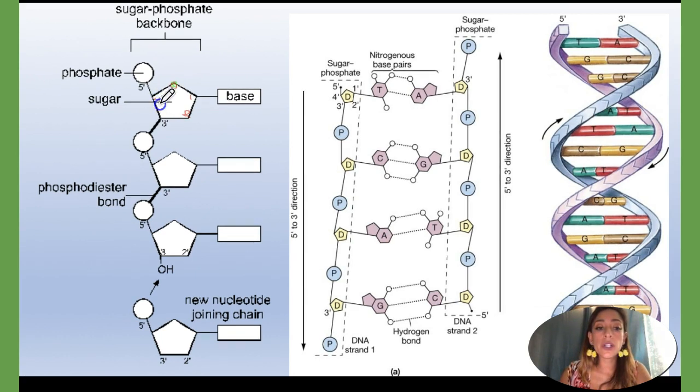This would be carbon 4, and this would be my carbon 5. That's where that phosphate is attached, right here. Then the next phosphate gets attached, so carbon 3 attaches to that phosphate group, and it keeps going on from there. Here's my oxygen, my 1, my 2, here's my 3, my 4, and here's my 5.